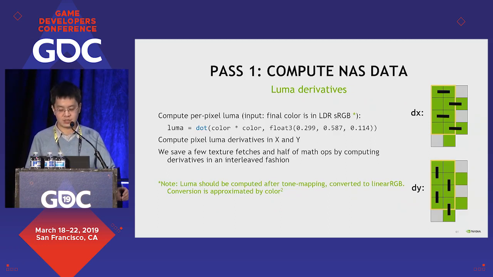We've decided to save a few texture fetches and half of the math operations by computing only half of the derivatives in a checkerboard pattern, like what I'm showing on the right. The black bars connecting neighboring pixels are the derivatives we compute, and the green pixels are the ones that we actually load per thread.